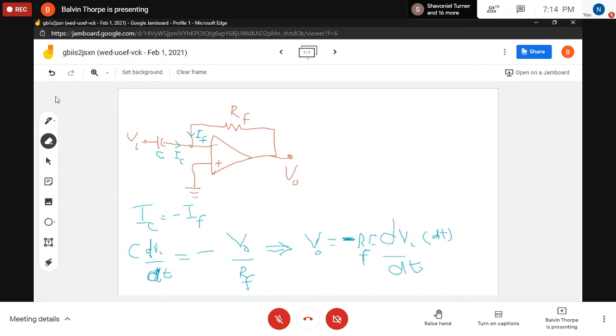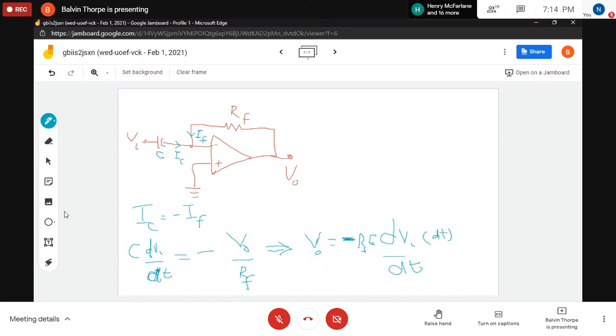So again, this is saying something. It is saying the output voltage for this network is the differential of the input voltage, times some constant. I should make this smaller just to make sure. Sorry.